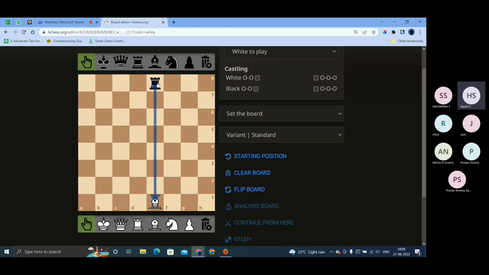The moment it goes and takes this, then we call it capture. But say for example, if this is white to play, white has to make the move, then he can escape away from the rook's attack. That is why we use the word attack. The rook is attacking the bishop.